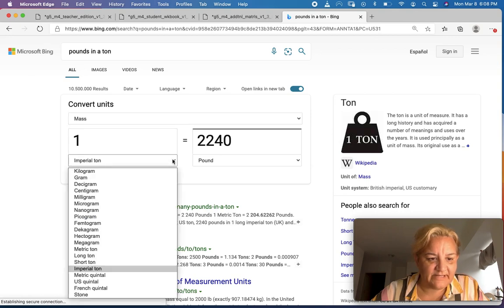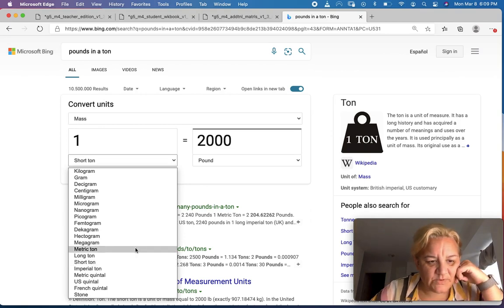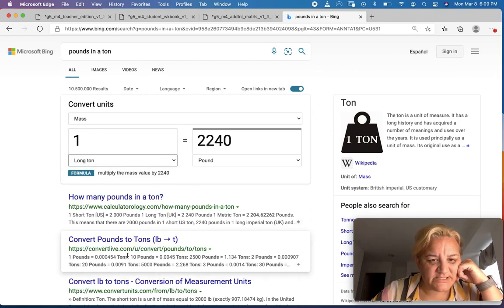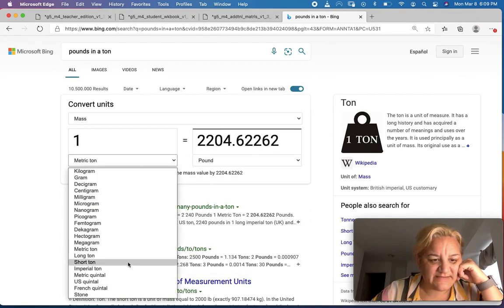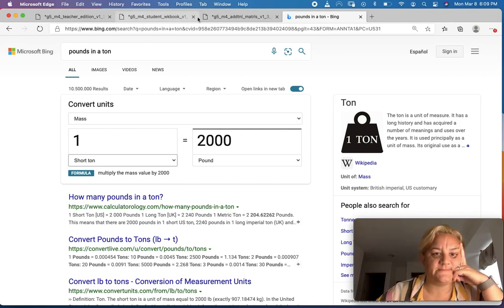Is that right? Short ton or long ton? Too many kinds of tons. And a metric ton. No, it's definitely a short ton. There we go. So there's 2,000 pounds in a ton.